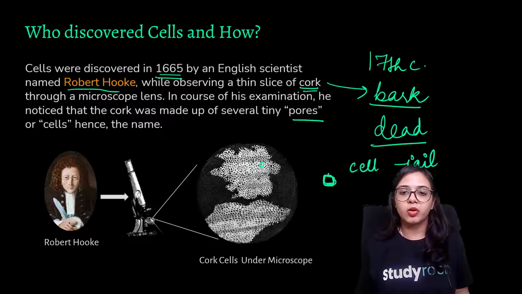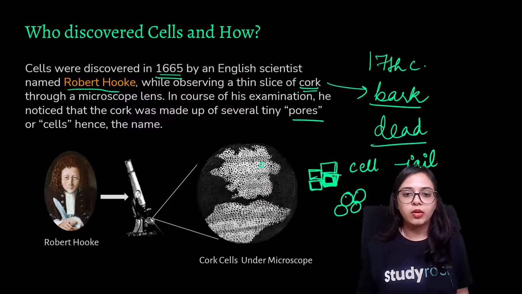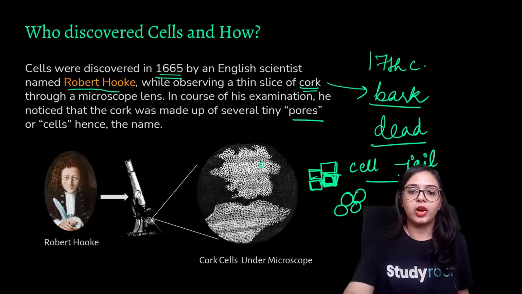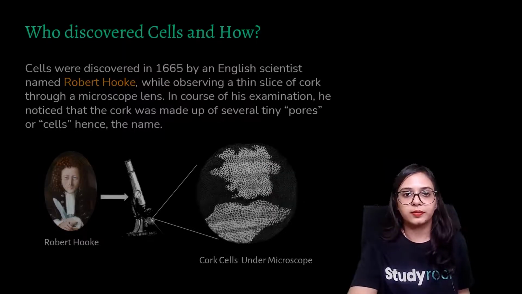And jails are compacted structures where criminals are kept for their punishment. So these small pore-like structures were like small components. It may not necessarily be square in shape, it may be circular, spherical, maybe ovoid. So these pores, he called them cells, while observing the cork cells.